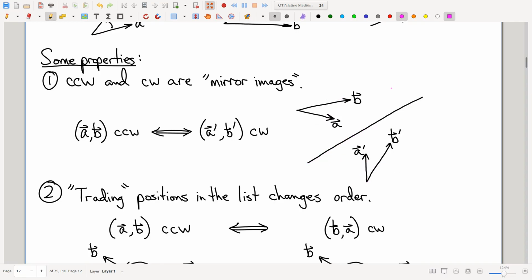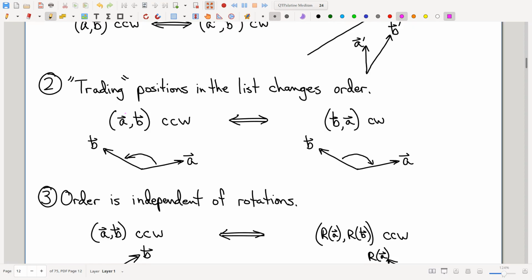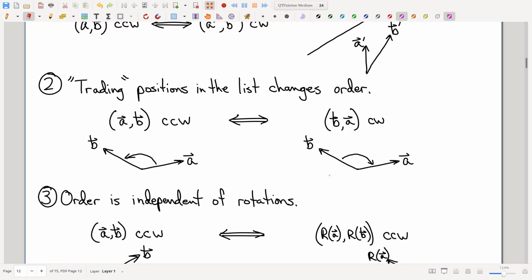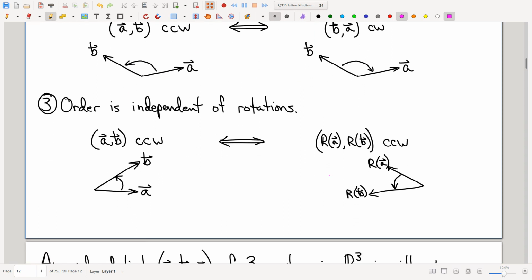If you switch the vectors, if you take the first one, make it second, take the second one, put it first, the list changes order. A to B is counterclockwise, B to A is clockwise. And then lastly, you can rotate the picture all you like.